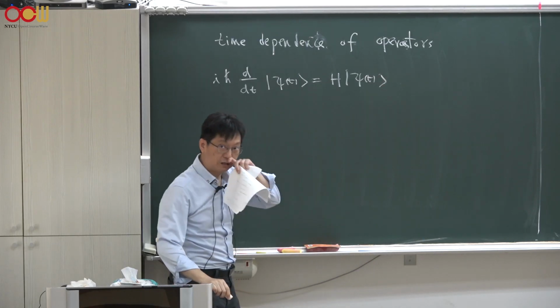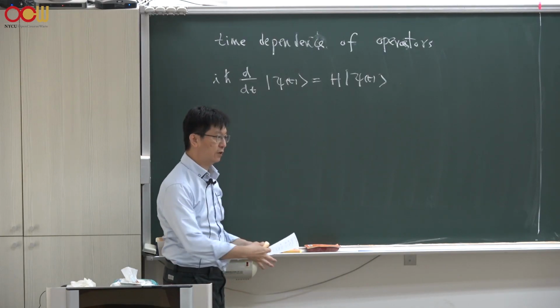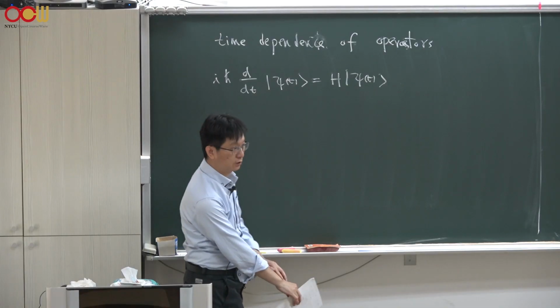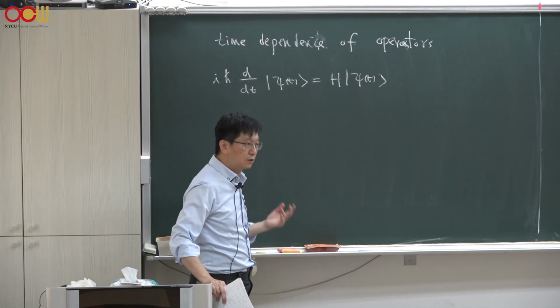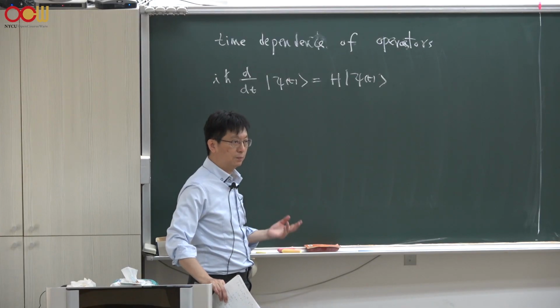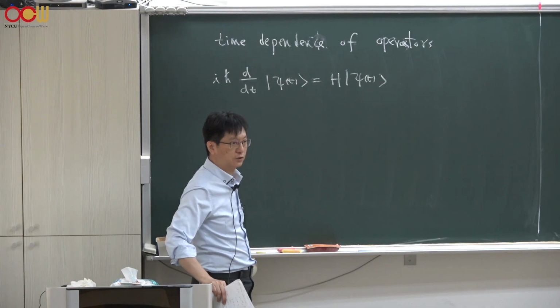Okay, so let's start different formulations on the Schrödinger wave function, the time-dependent Schrödinger wave function. So we should formulate this time-dependent Schrödinger equation in the operator formulation. Namely, we should adopt Dirac notation, right?